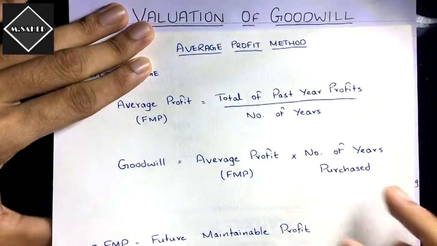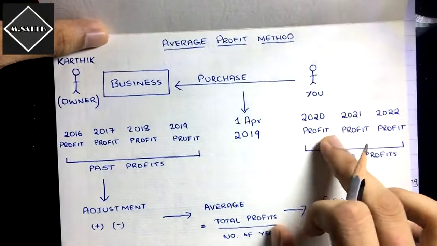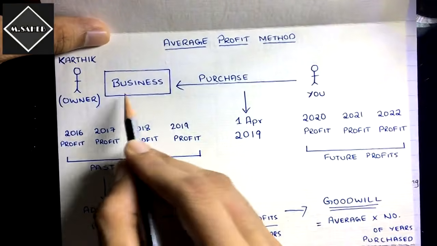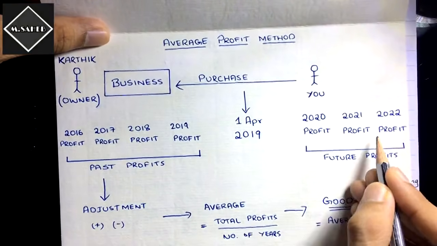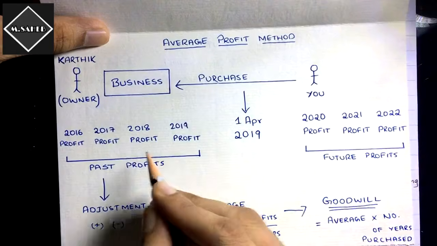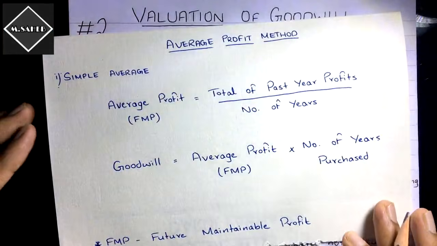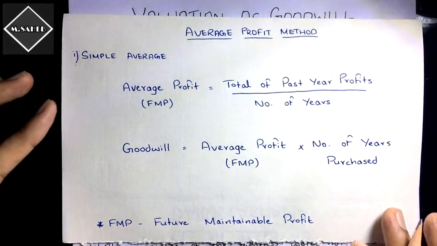Number of years purchased means for how many years this business will be in the condition to earn the same profits which it has been earning in the past. Okay, simple, right? So this is the formula of average profit method.